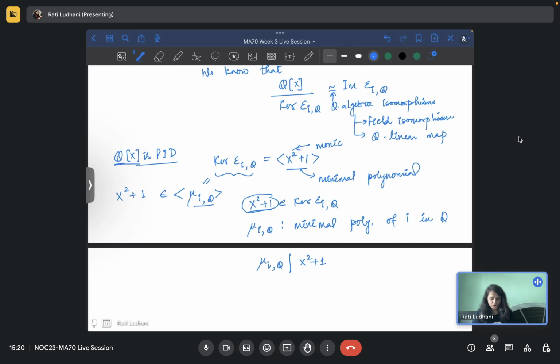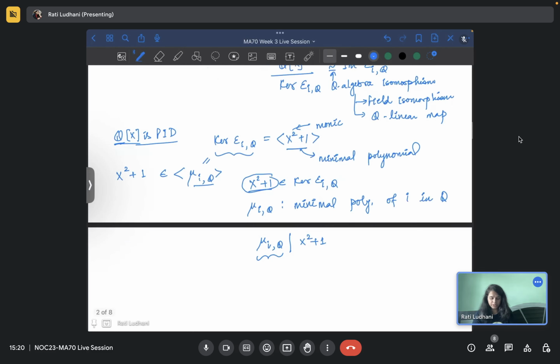Yes. So now what choice can you have? So if you pick something of degree 2 and it divides x square plus 1, then it has to be the same, right? It could be just a multiple, because division algorithm is there, so we don't have different representations, and this is a UFD, so we don't have such kind of a problem.